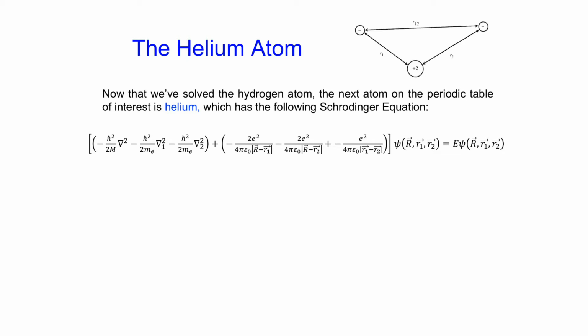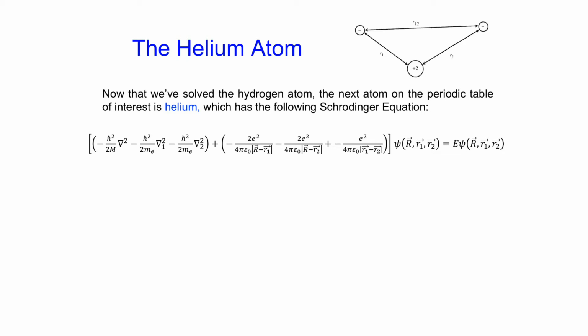All right, and then we need our potential energy interactions that occur in our system. We have a few different types of potential interactions happening here: the Coulombic interaction between our nucleus and electron 1, our nucleus and electron 2, and also the interaction between our two electrons.